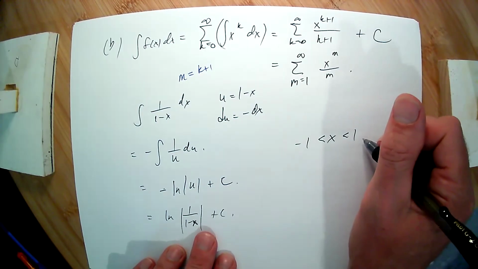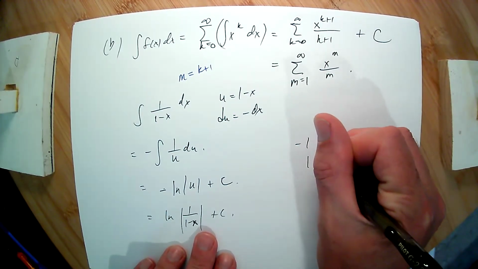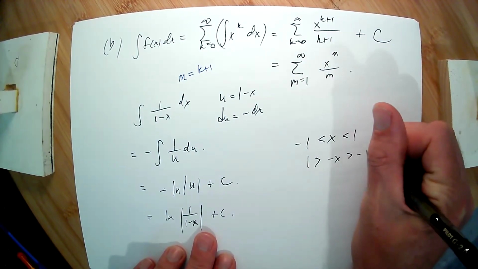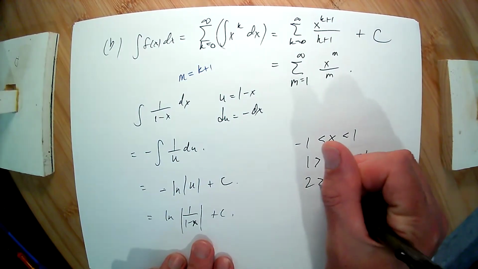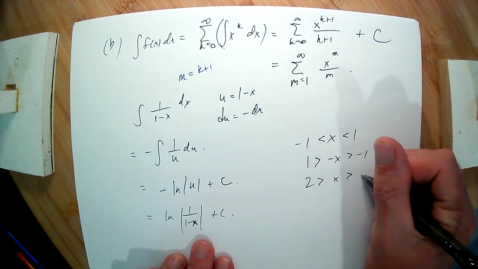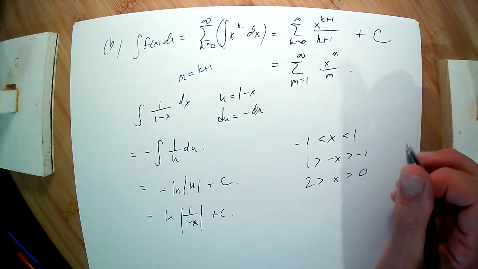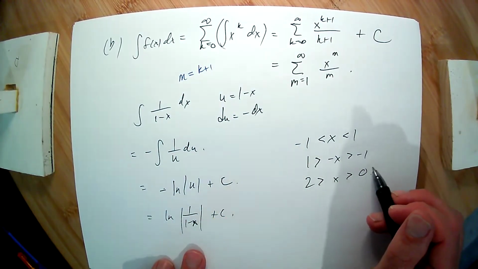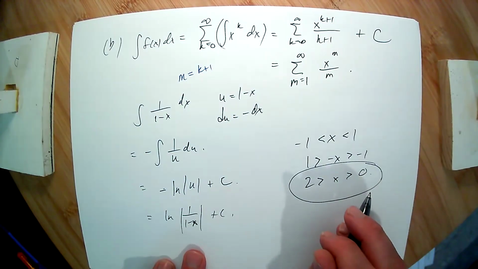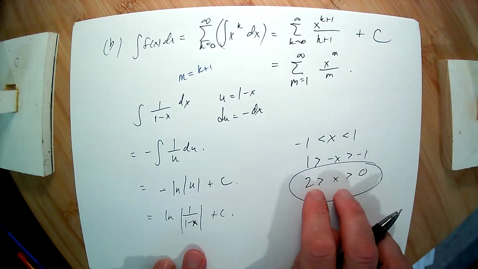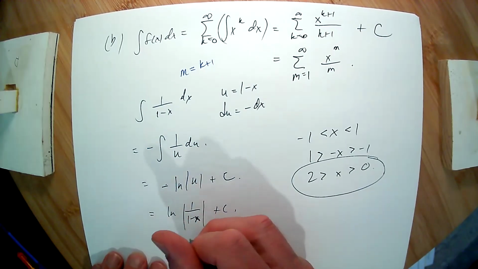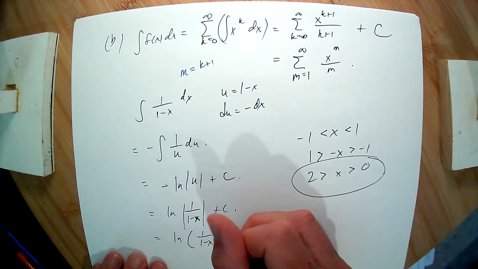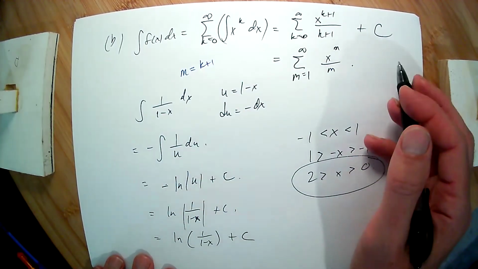Well, 1 minus x would be, I guess, 1 is greater than minus x is greater than negative 1. So adding 1 to each side, 2 is greater than 1 minus x is greater than 0, okay? So this is going to basically work on that interval here, all right? And on that interval, this ratio is always a positive number. So I can actually just say this is the natural log of 1 over 1 minus x plus c, all right?